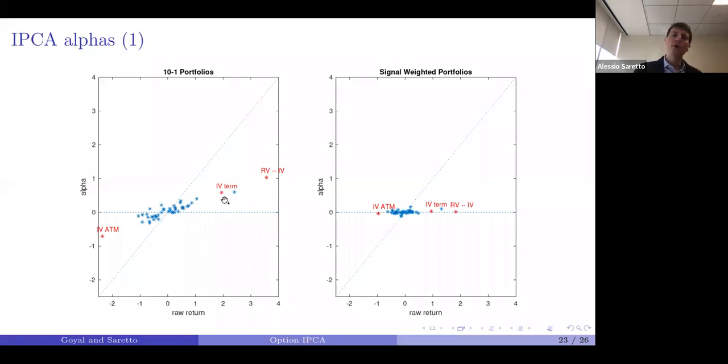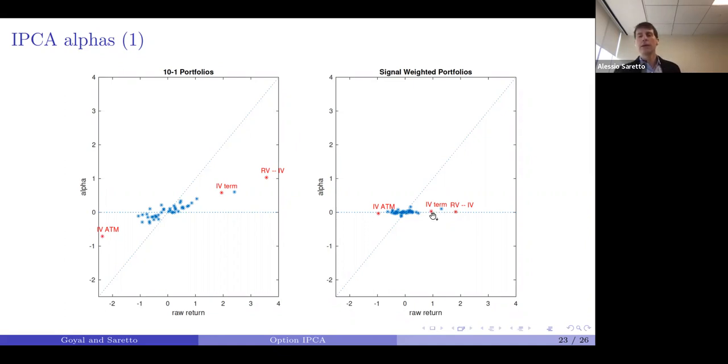Similarly, the IV term, Aurelio stuff, is still significant. Now, when I put it in this space, RV minus IV gets priced out if I weigh all the stocks. But Aurelio, you'd be happy to know the IV term is still significant.